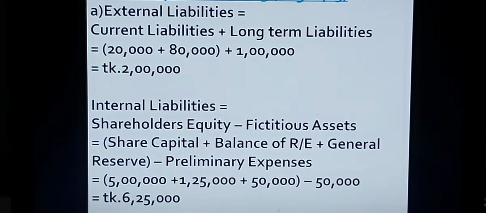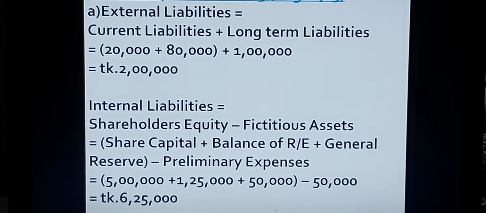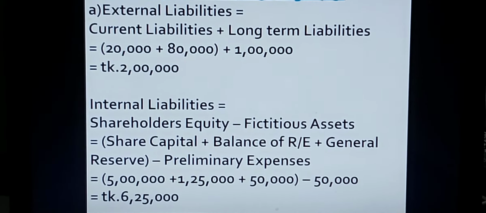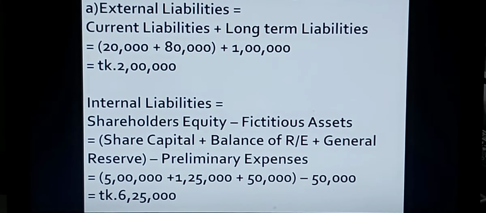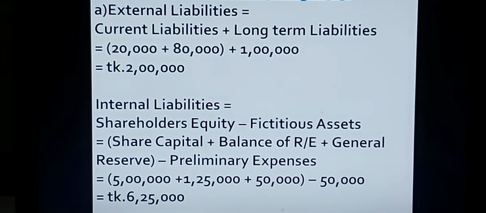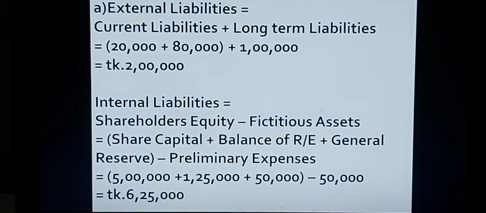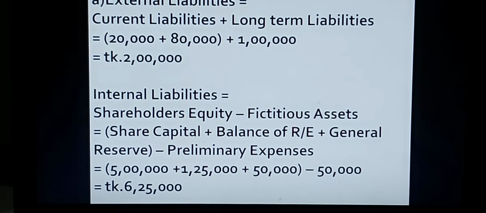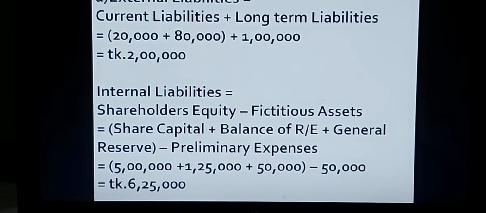So take the amount of 5 lakh for share capital from the stem, 1,25,000 for balance of retained earnings, taka 50,000 for general reserve. So total equity is taka 6,75,000.